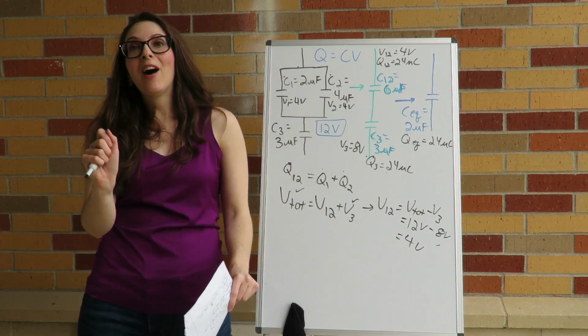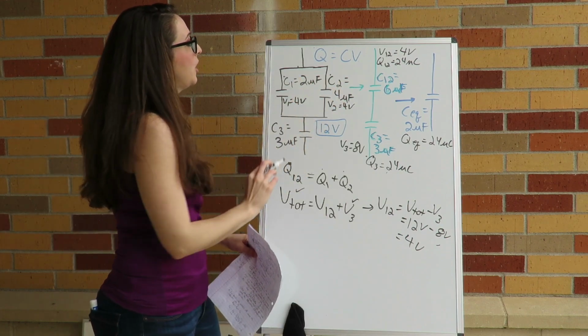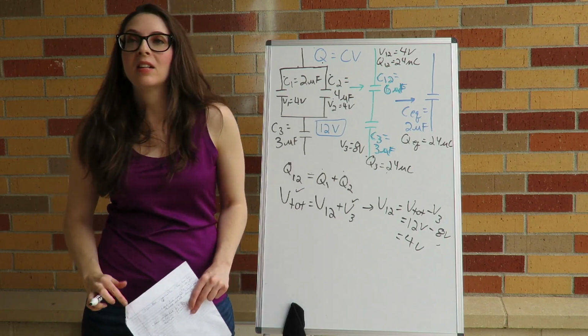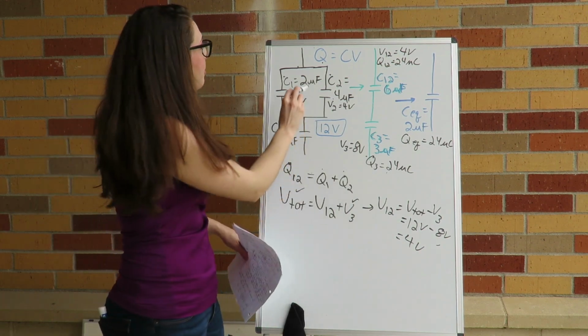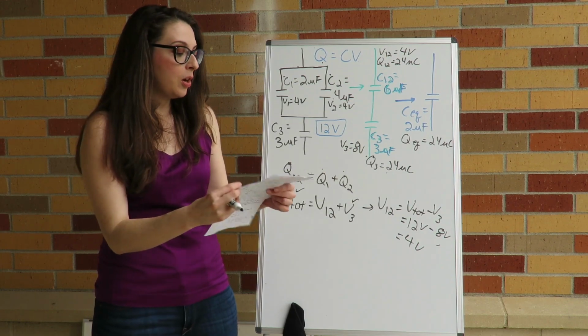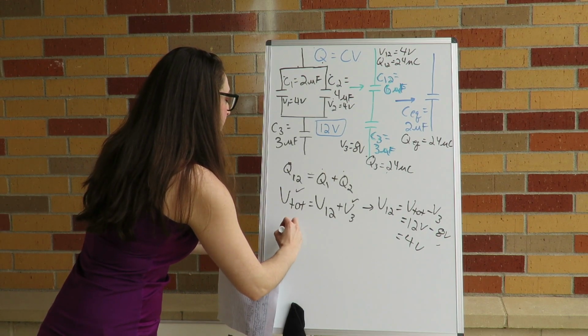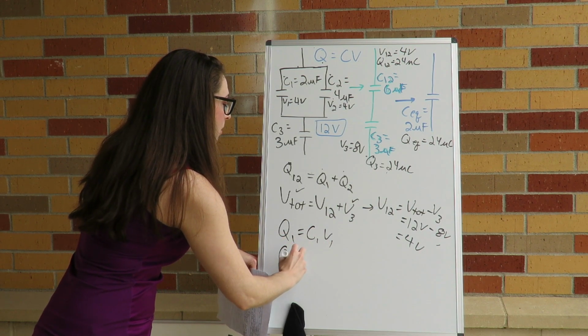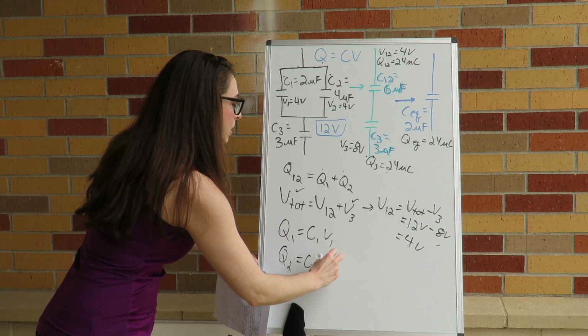Okay. Now I can use this information, I've got the capacitance, I've got the voltage, in order to find the charge on each of my capacitors here in parallel. Okay, and so I can just use that Q1 is equal to C1 V1, Q2 is equal to C2 V2.